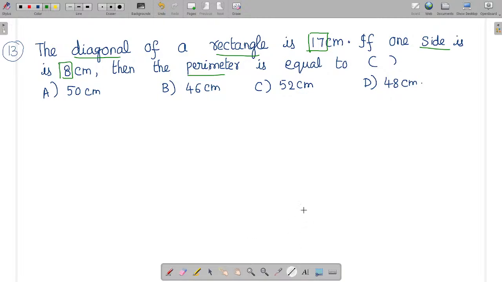So first let us construct the rectangle, right. This is the rectangle. Suppose this is the diagonal of the rectangle.